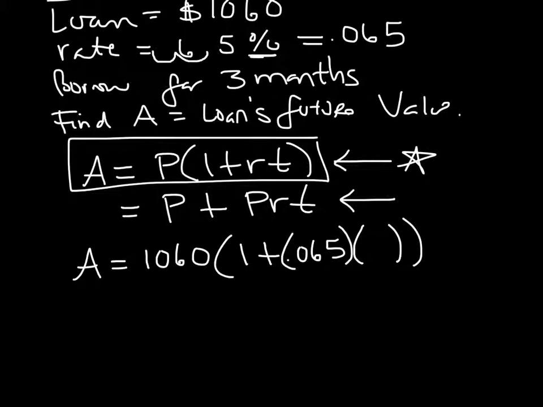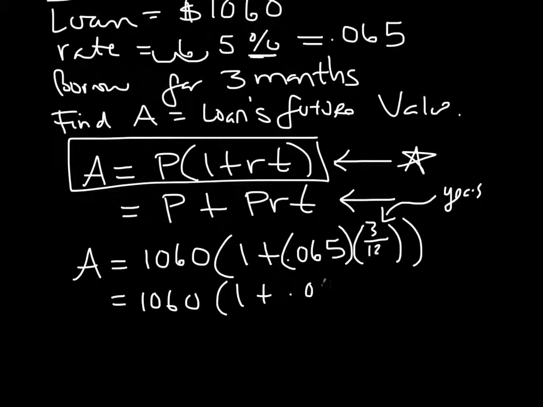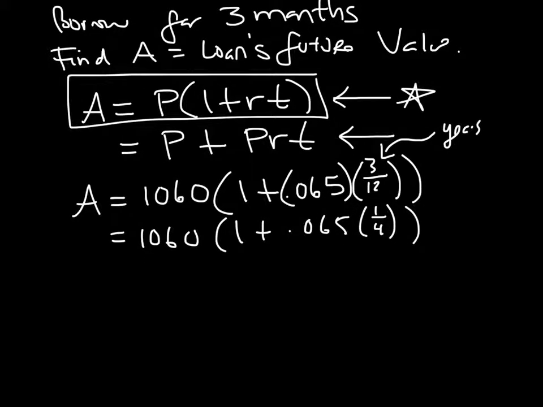It's 3 months, but remember this is in years. There's 12 months in a year, so that's just 3/12, or a fourth. So 1060 times 1 plus 0.065, times a quarter, or 0.25. And then you just punch this in your calculator.